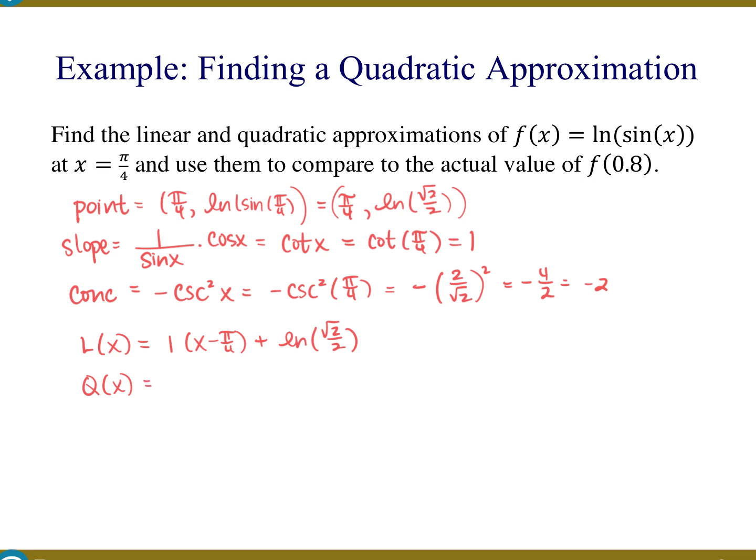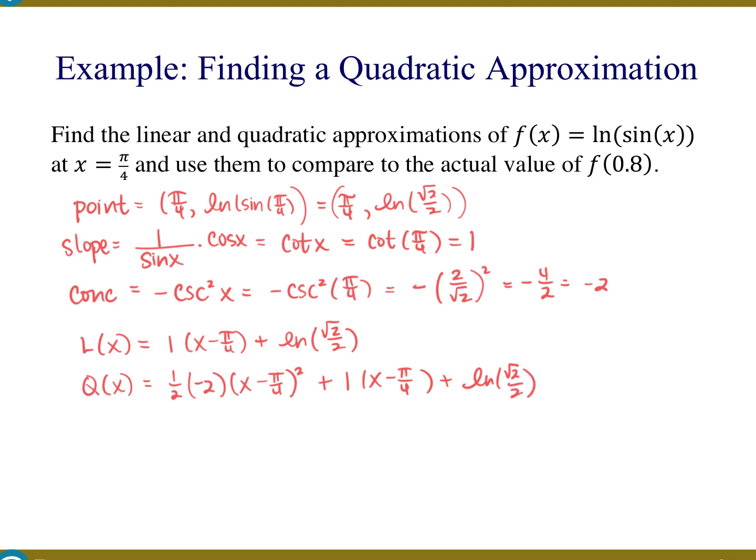Our quadratic approximation will be 1/2 of the concavity times x minus pi fourths quantity squared plus the same thing as the linearization, the natural log of the square root of 2 over 2.